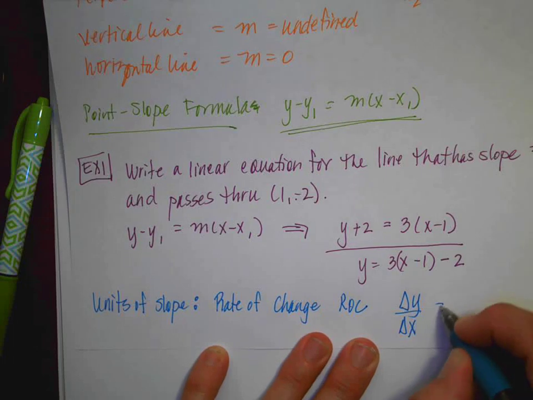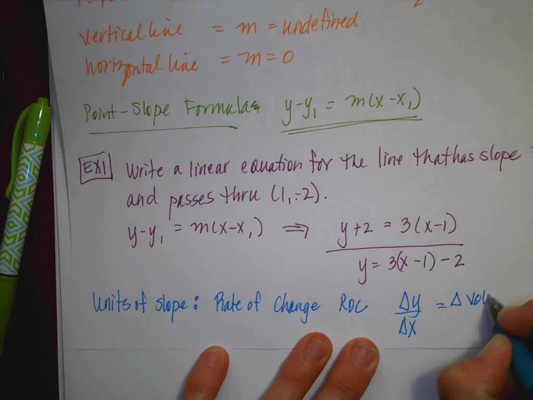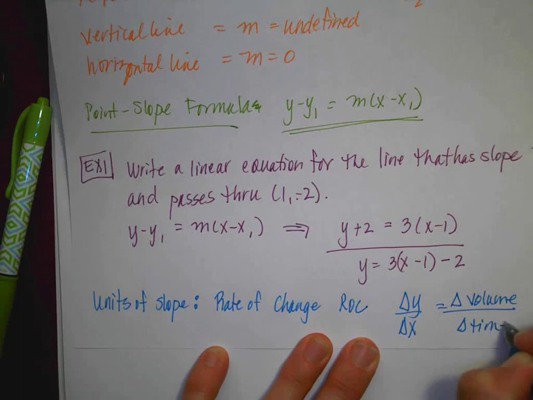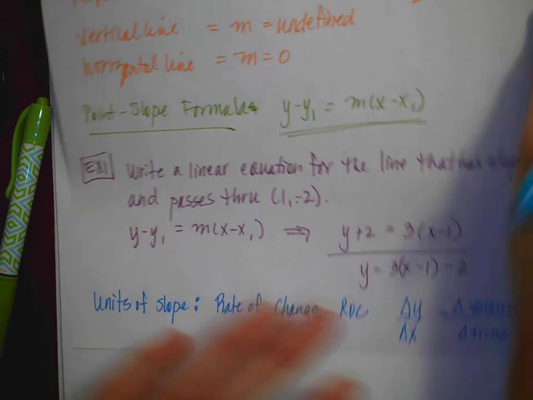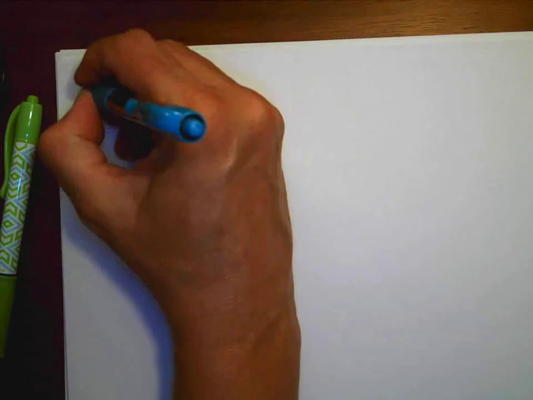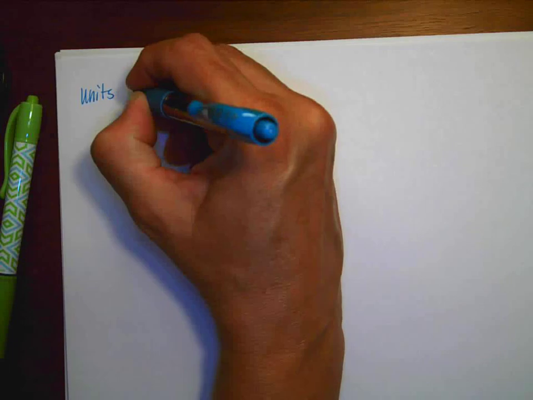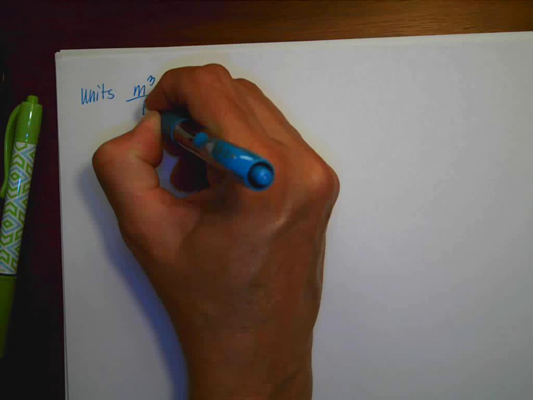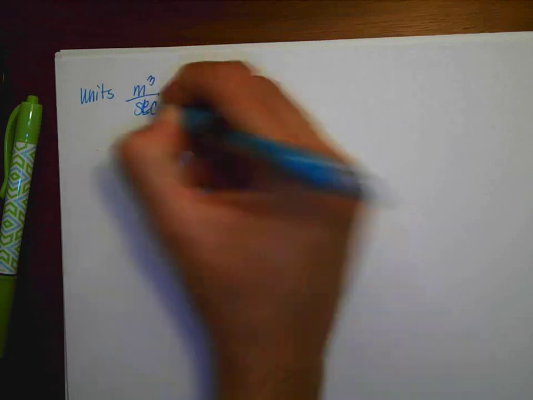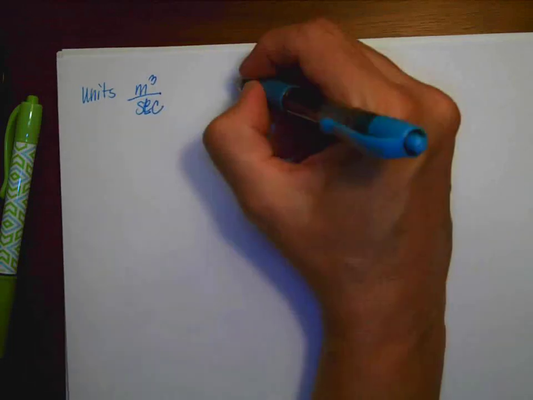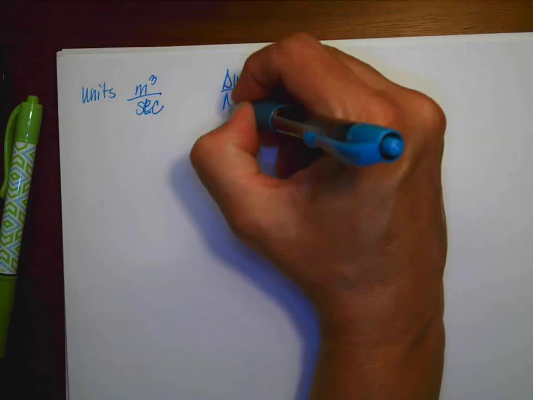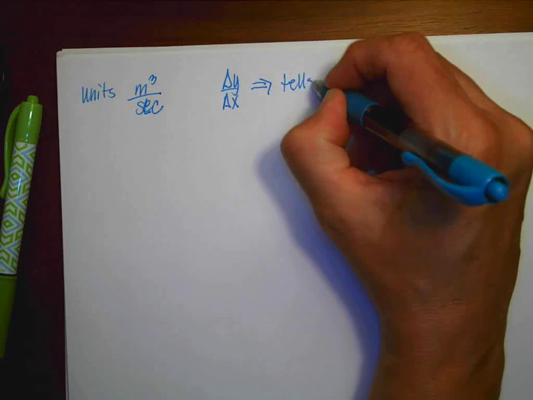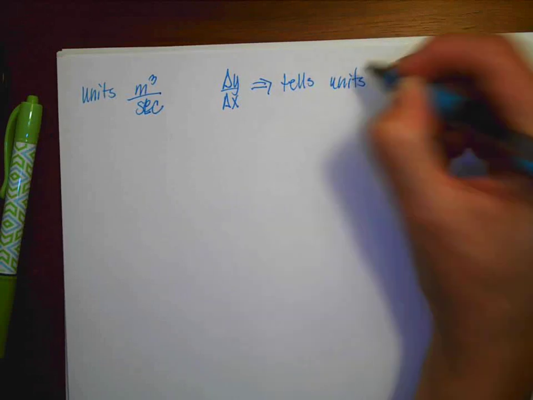So let's say that I have a change in volume over a change in time, and I ran out of room, so let me go to the next page. So then my units would be a volume unit, so let's say it's meters cubed over a time unit, which would be maybe seconds. So the cool thing about a slope formula, delta y over delta x, is that it tells you what the units are going to be.